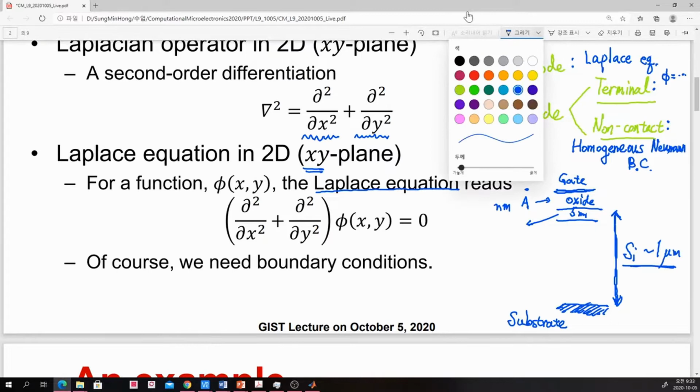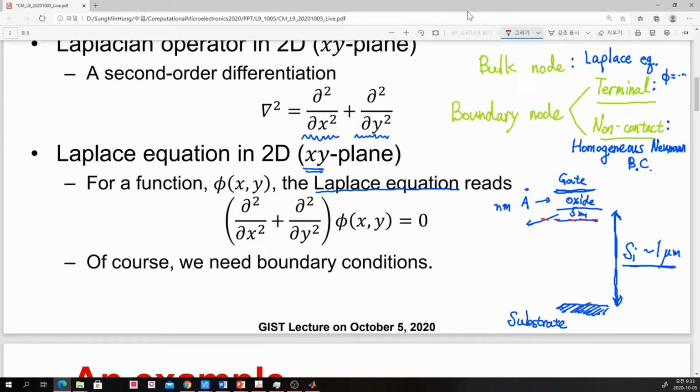Let's assume that your choice is still 5 nanometer, and you just place your substrate contact here. Then your computational burden becomes exactly identical to your previous one for the double gate. You have just a 5 nanometer thick silicon body by your mesh setting, or by your domain setup.